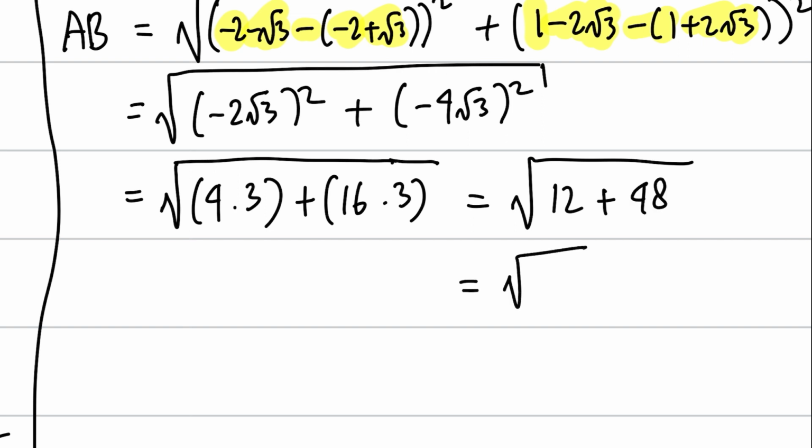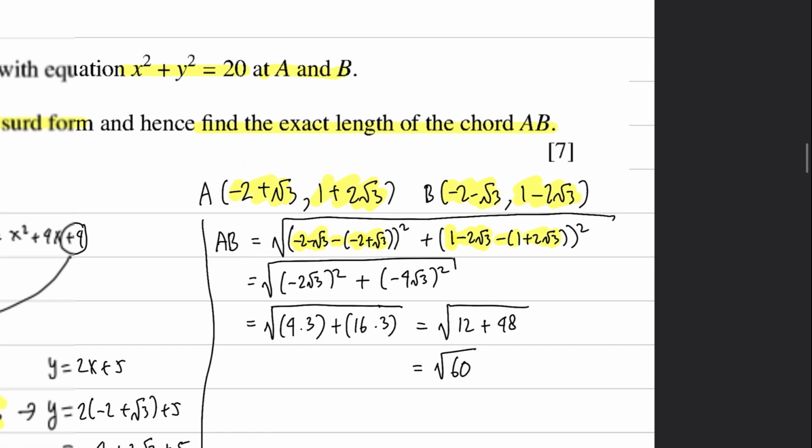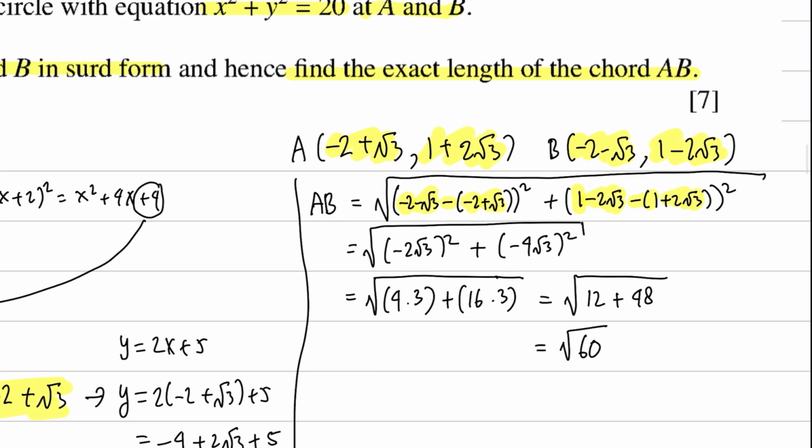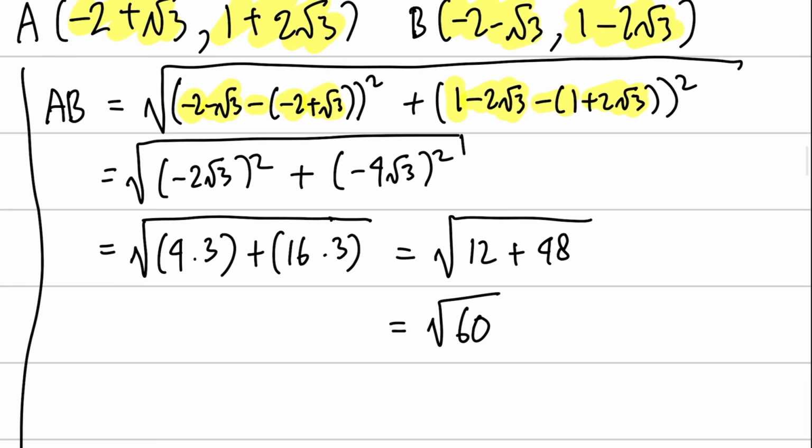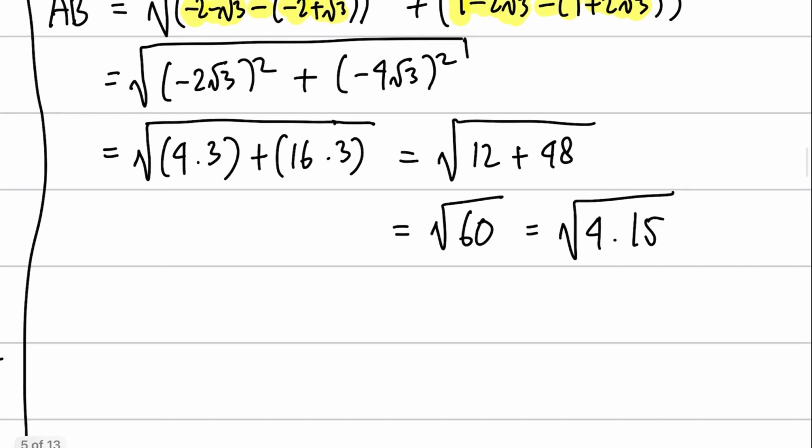So AB is square root of 60. So the exact length of chord AB is square root of 60. Or you can also simplify more if you want. So square root of 60 equals square root of 4 times 15. Alright? So you will get 2 square root of 15, also correct.